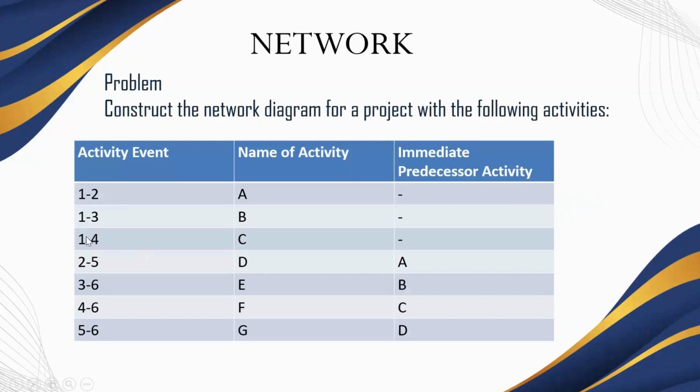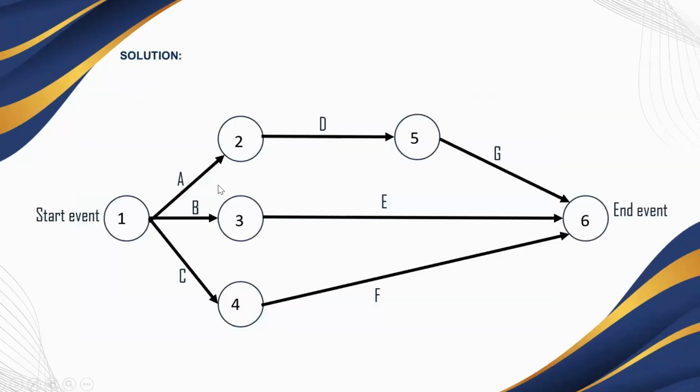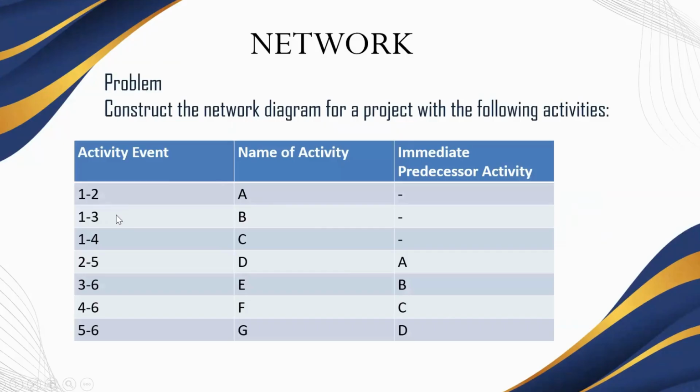So we will locate the C from the 1. And from that 2, we will allocate the 5. From 2, we will go to the 5, and in between them, 2 to 5, we will allocate the D.